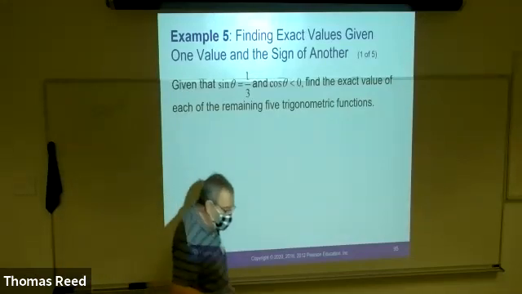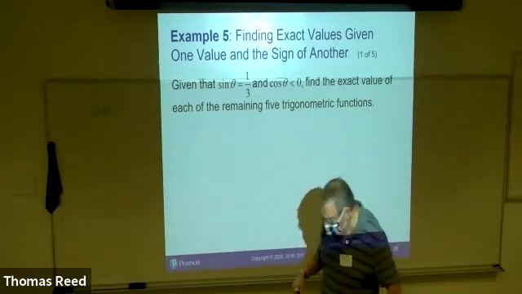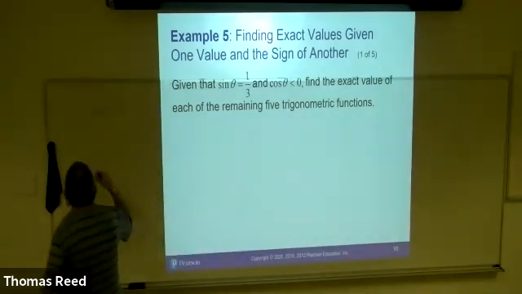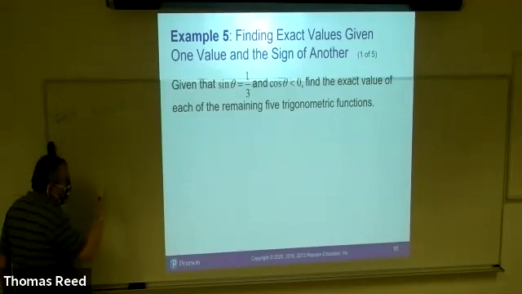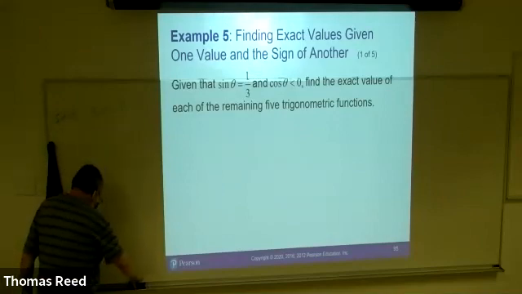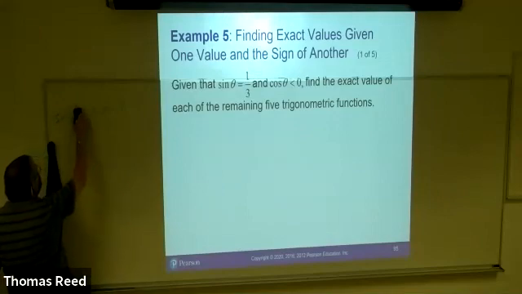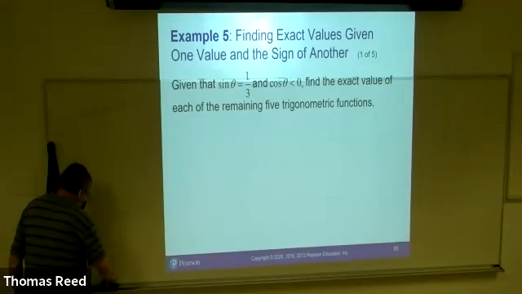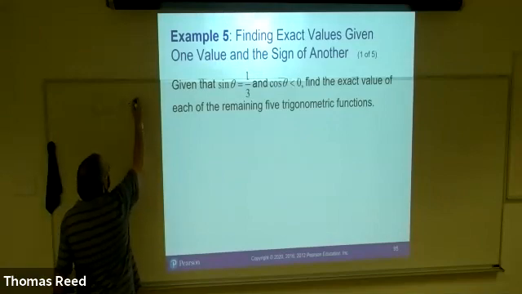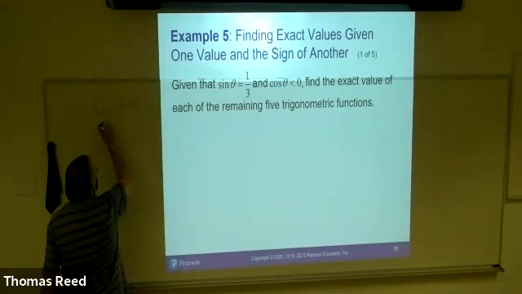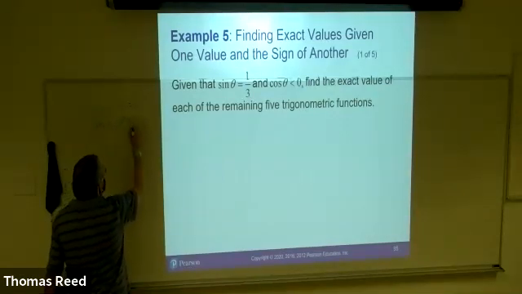When we first introduced this, we said that sine theta equals y, but that's when the radius was 1, because we were talking about the unit circle. Now we're not talking about the unit circle. So since sine equals 1/3, that tells me that y equals 1 and the radius is 3.